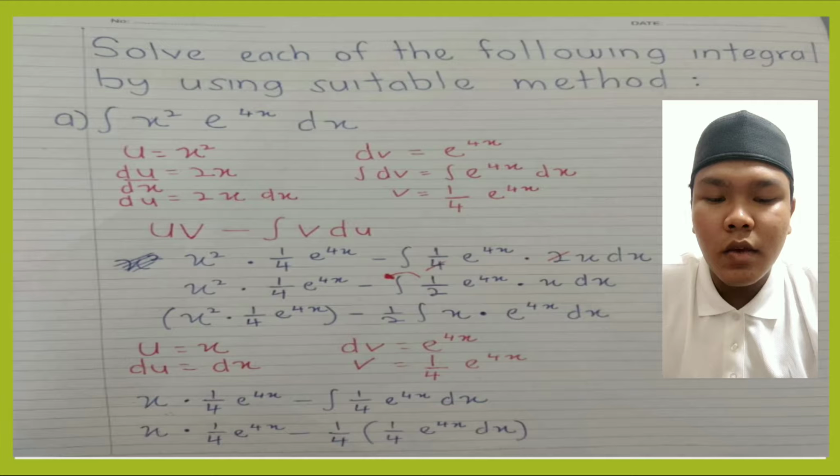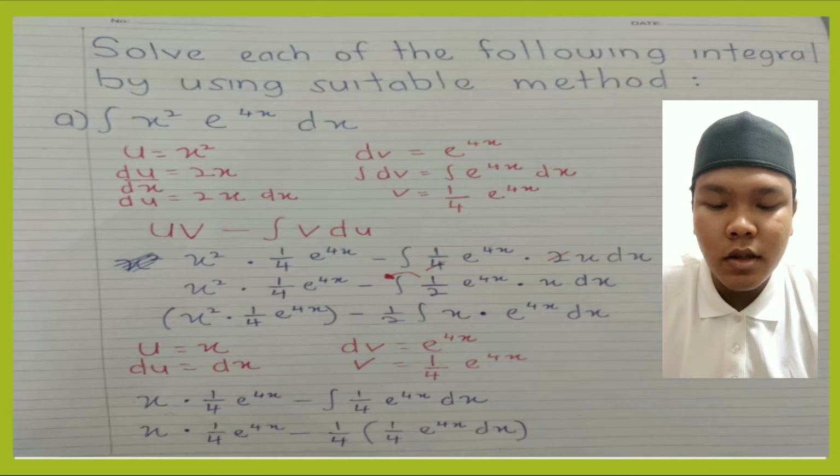For question A, we use the integration by parts method with the formula uv minus integral of v du. u equals x squared, so du equals 2x dx. dv equals exponential 4x dx, integrate dv to become v, which is 1 over 4 exponential 4x.